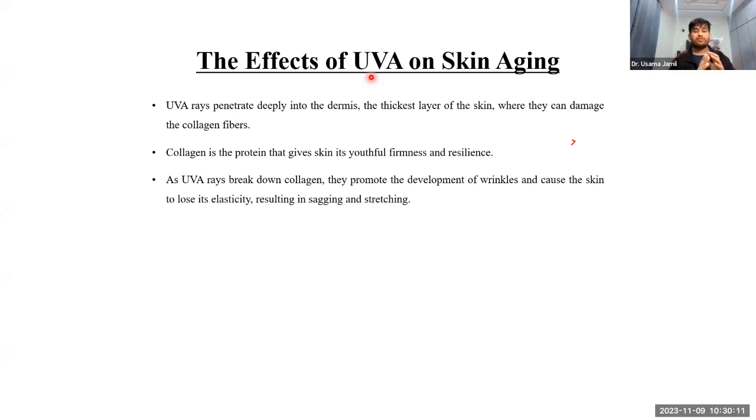If you are 30 or 35 or 40 years old and you are constantly exposed to UV rays, without a sunscreen or any protective layer, and you are working constantly under the sunlight in a very high UV index area, then definitely your skin will look more like that of a 60 or 70-year-old person.